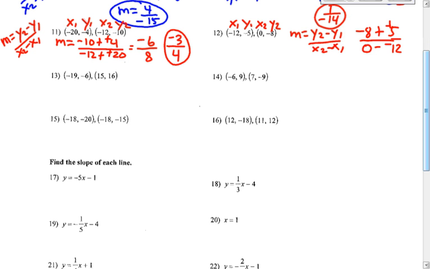I'm going to add these because you have back-to-back negatives. They turn to positive. So I have negative 8 plus 5 is negative 3, and over 12. So 3 goes into both of these, so you have negative 1 over 4 reduced.